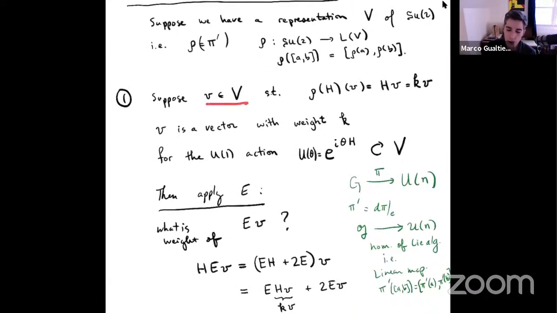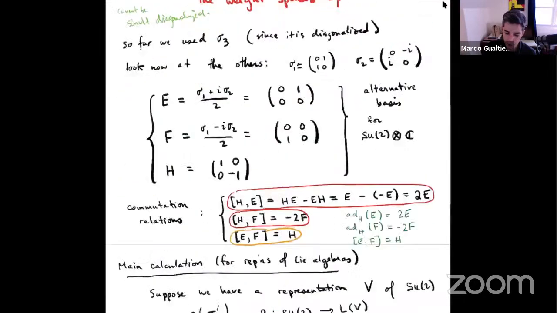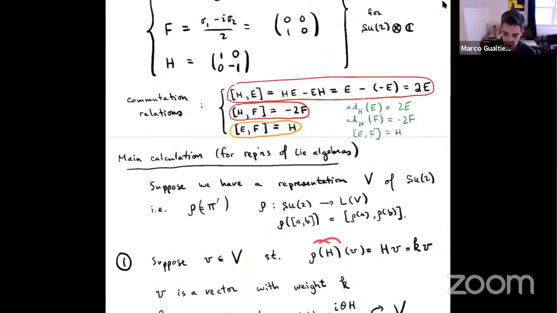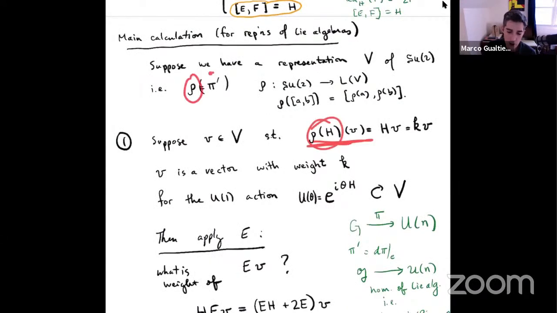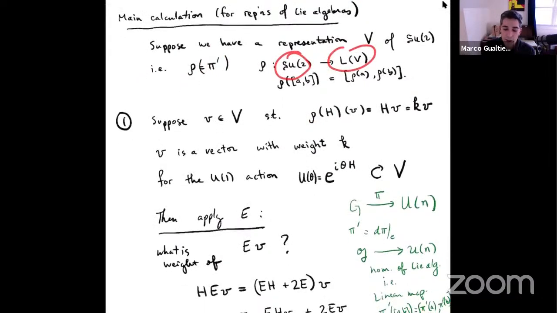Suppose we have a vector which is in the eigenspace of this operator, rho of H. Sorry, I'm calling it rho now. Rho is pi prime, the derivative of the representation, so it's a representation of the Lie algebra. If V is an element which is in the eigenspace of H with weight K, this is what we call a weight K vector in the representation.